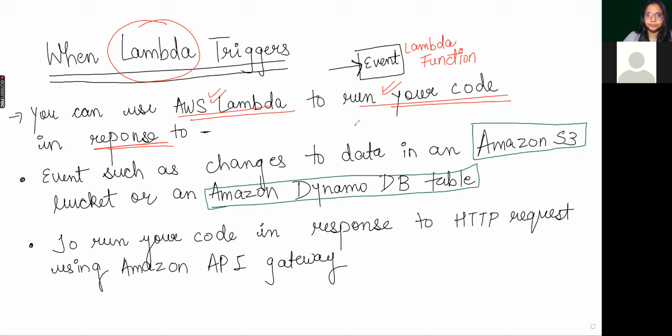So what happens whenever you run your code? As you run your code, you need an HTTP request so that you can connect your code with Amazon API Gateway. So when you want to connect your code with Amazon API Gateway so that you can make a network between your server and the file you want to send your code to, at that time also we need our Lambda to get triggered. You must be familiar with Amazon API Gateway. So in that condition, our Lambda will get triggered.